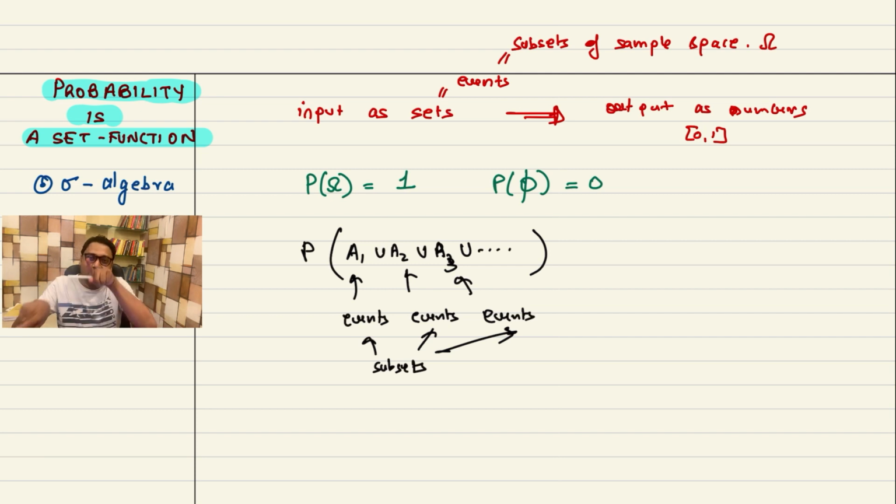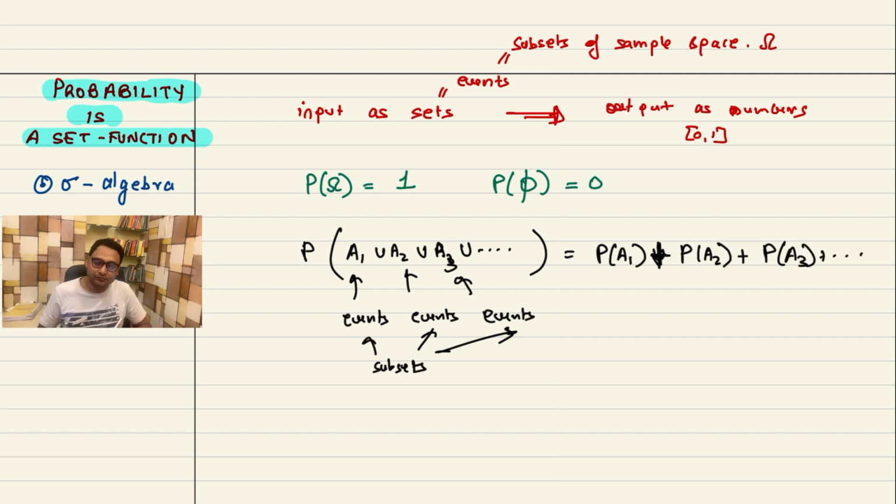Disjoint means the two subsets have nothing in common. Then this is equal to the sum: you can calculate each of the outputs and individually add them up.